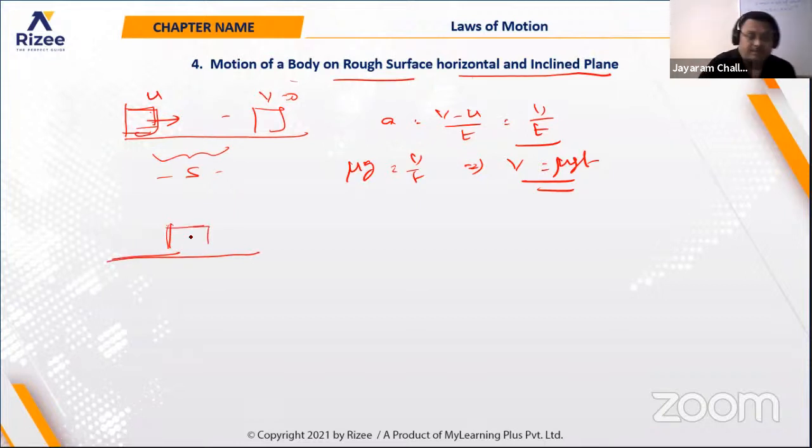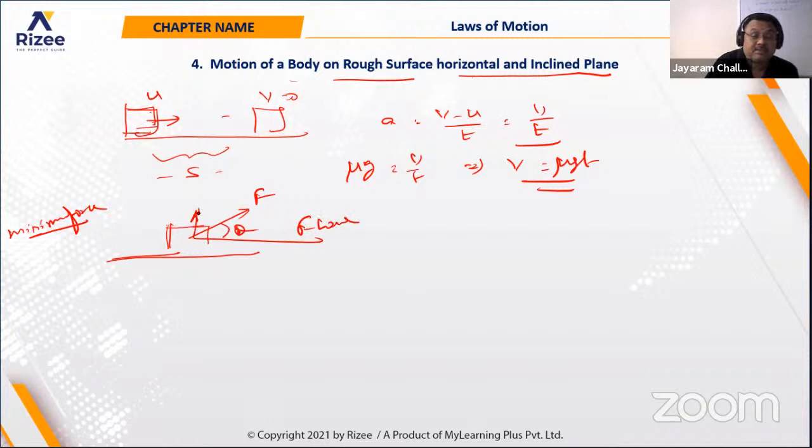The minimum force required to pull a block: the force F at angle theta, with F cos theta horizontal, the upward force F sin theta, the downward force mg, and the normal reaction N. Then you can write N is equal to mg minus F sin theta.